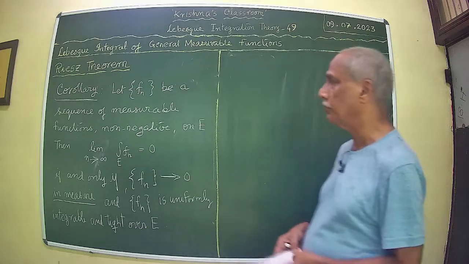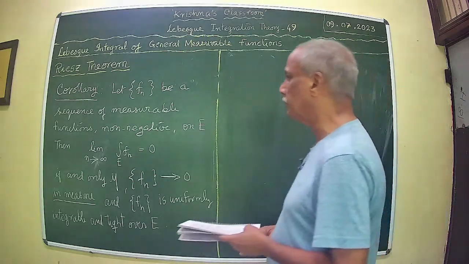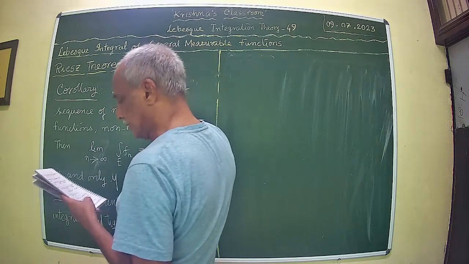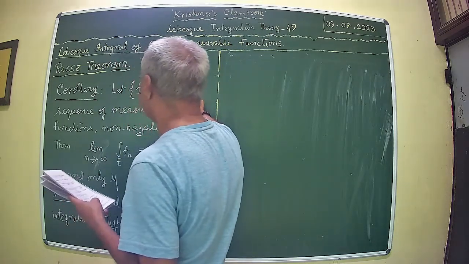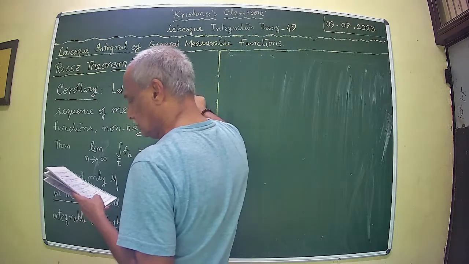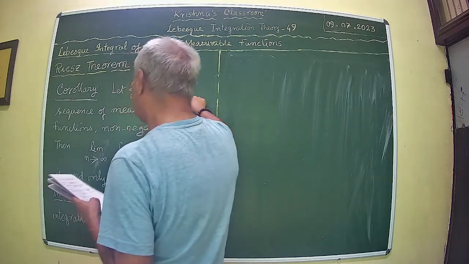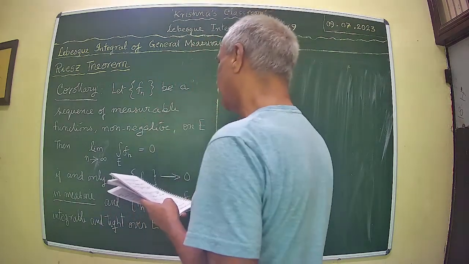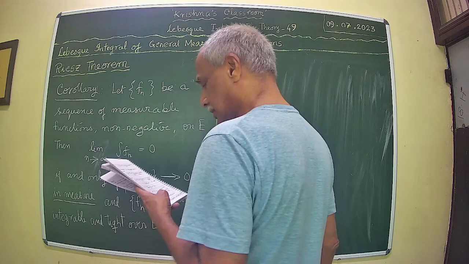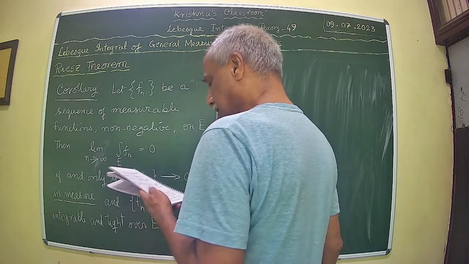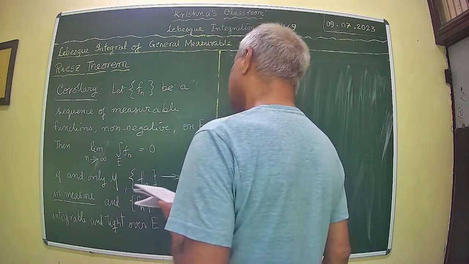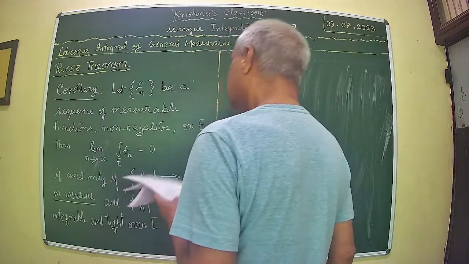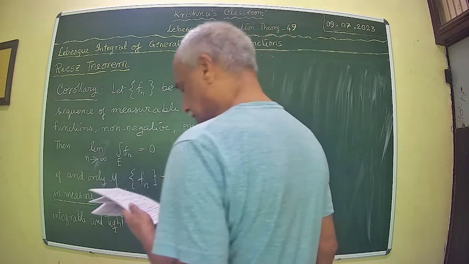So one of the corollaries that we have proved earlier, I will read it out with the same notation. Let Fn be a sequence of non-negative integrable functions on E. Suppose Fn converges to 0 for almost all x belonging to E. That is pointwise convergence.